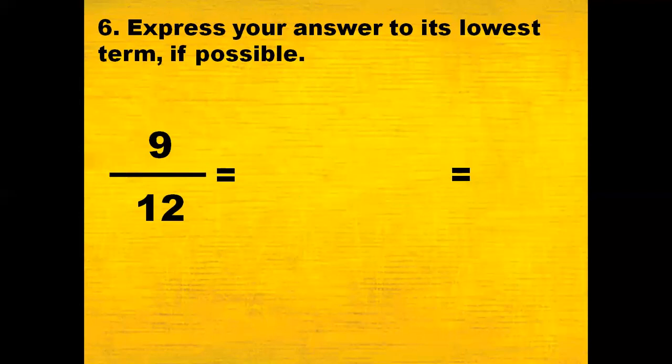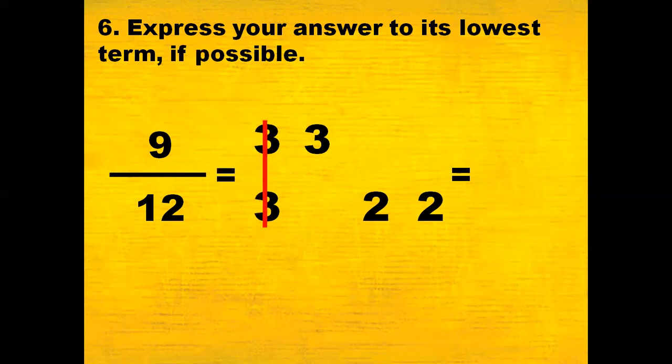So let's check. What are the prime factors of 9? We have 3 times 3. How about 12? We have 3 times 2 times 2. And we need to cancel their greatest common factor or GCF. The GCF here is 3. So the remaining number for our numerator is 3.